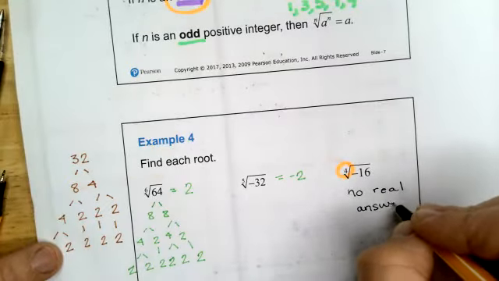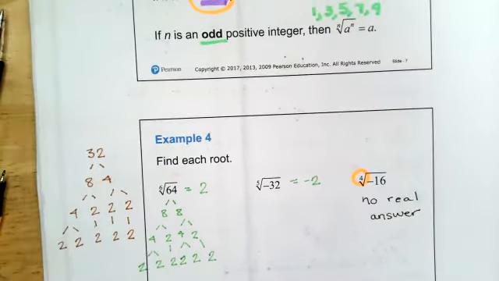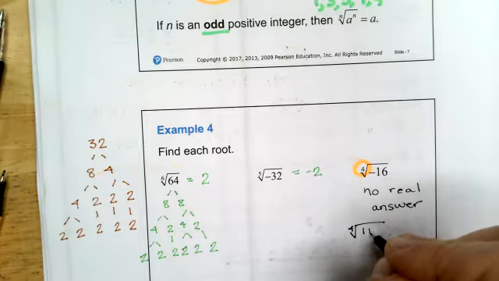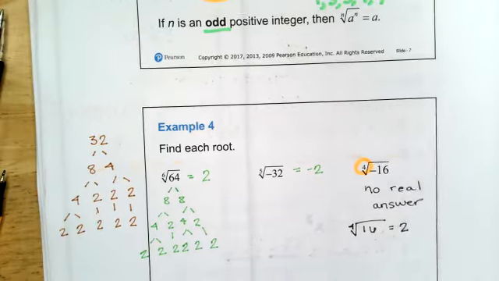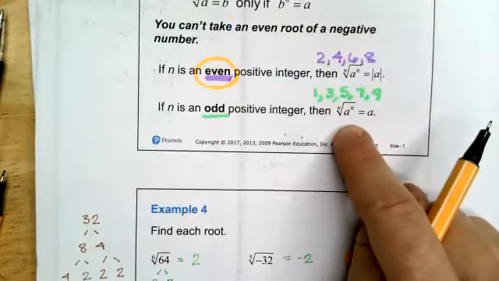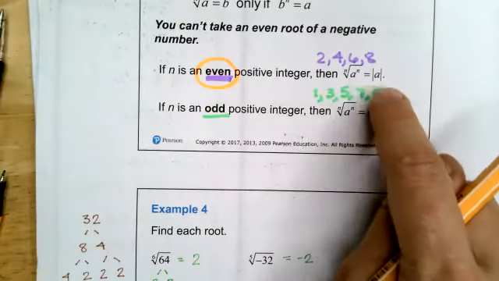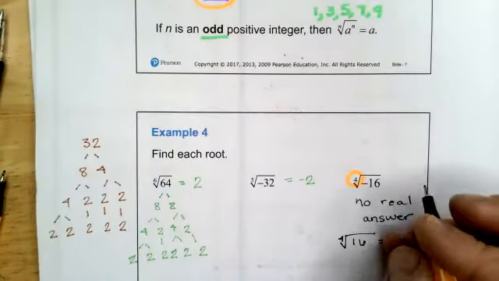There's an imaginary answer, but there are no real answers to that problem. Okay, the fourth root of 16 is 2, right?